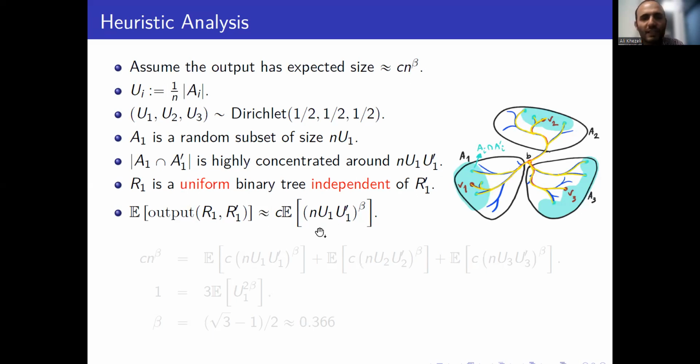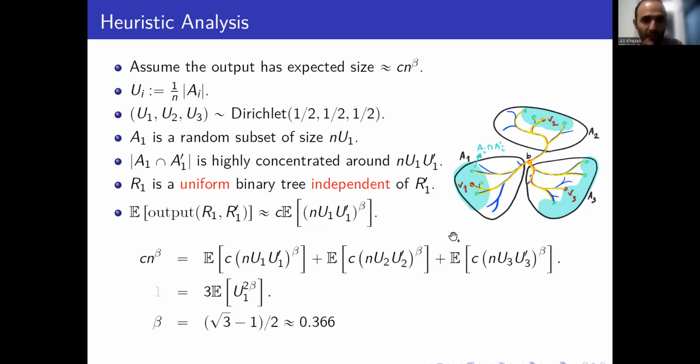So we find this identity here. And notice that since the size is random, we add another expectation here. Now we find an identity. This one was the output of the algorithm. This one is the output of the first branch, the output of the second branch, and the output of the third branch.